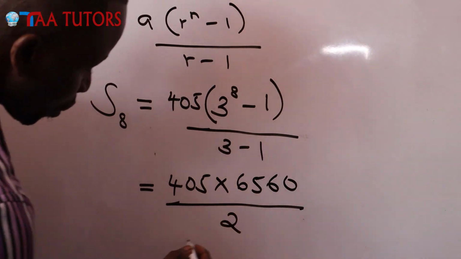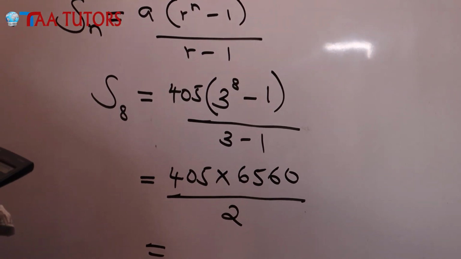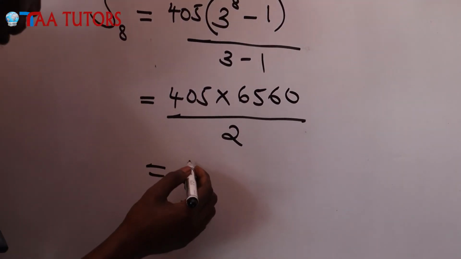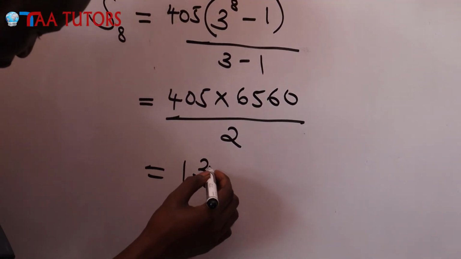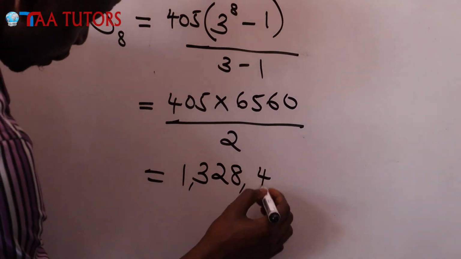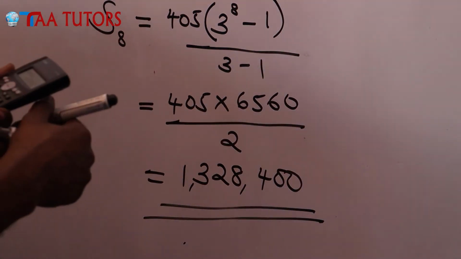Everything divided by 2. So if I multiply that times 405 divided by 2, I get 1,328,400. That is the answer that we get.